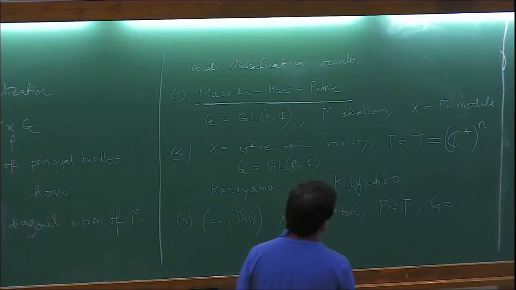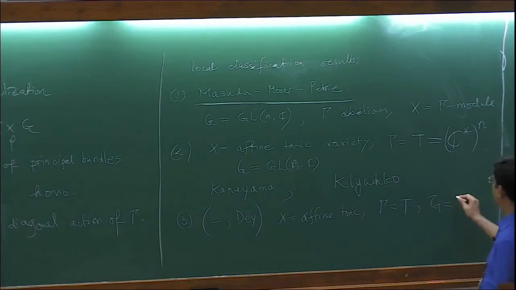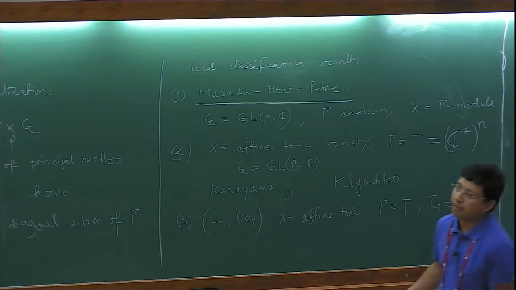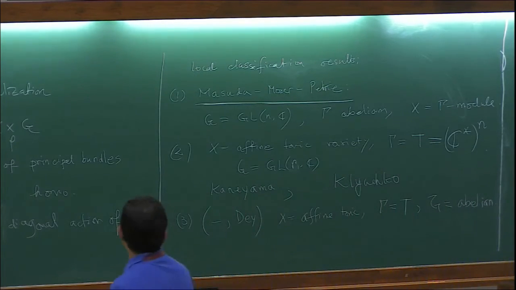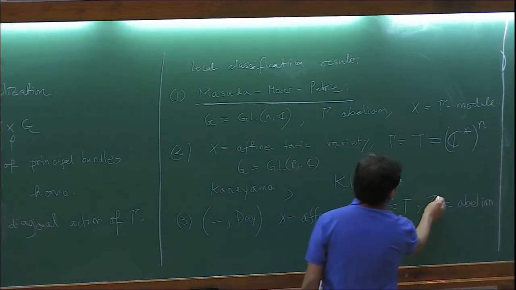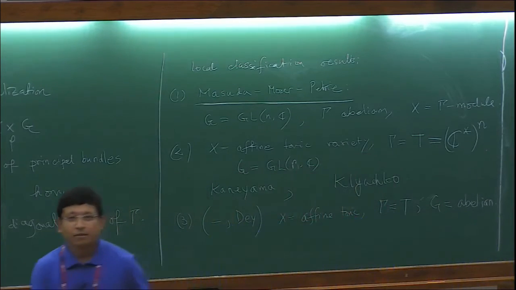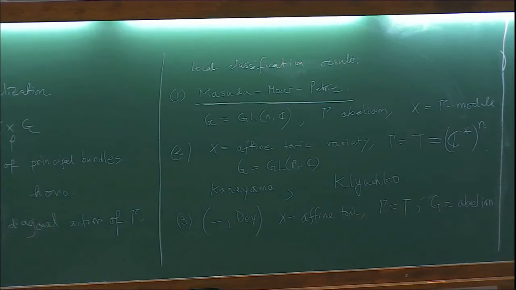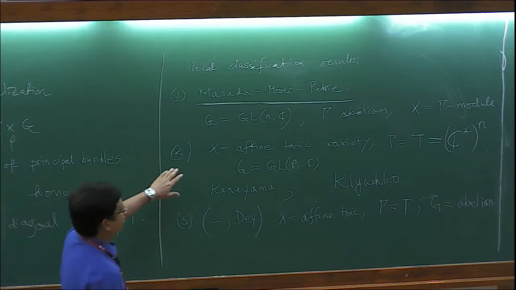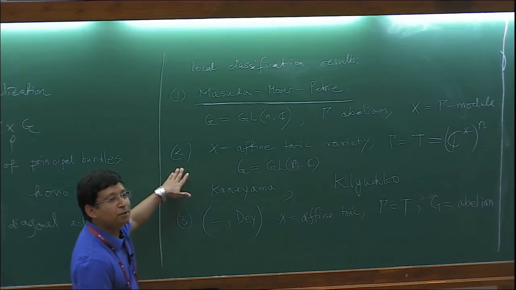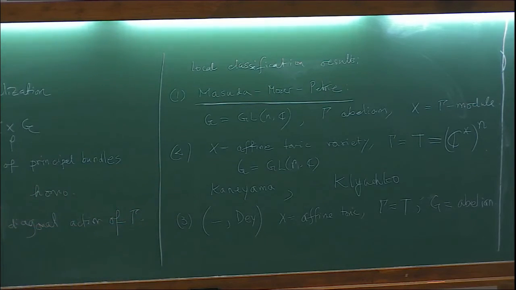We could do it for G is abelian, so it's a linear algebraic group which is abelian. So there is such a local trivialization.